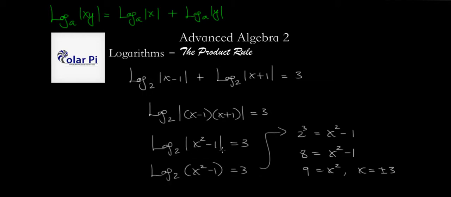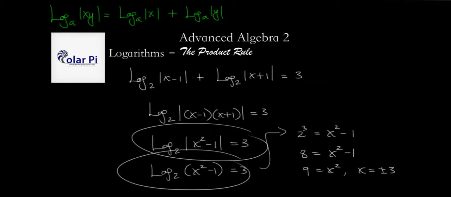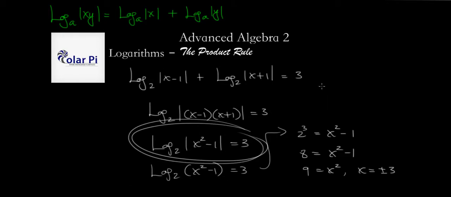Okay, cool. Now, before I sign off, why can I abandon the absolute value there? Because if we kept this form instead of this, then from here, what we would have said is 2 to the third is equal to absolute value of x squared minus 1.